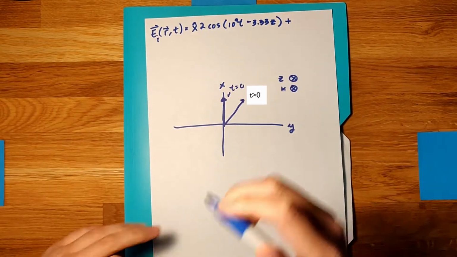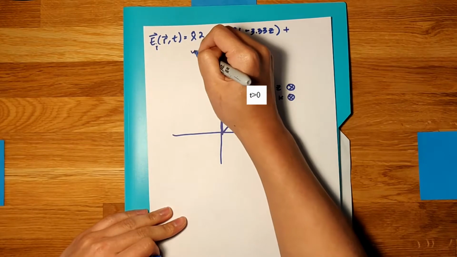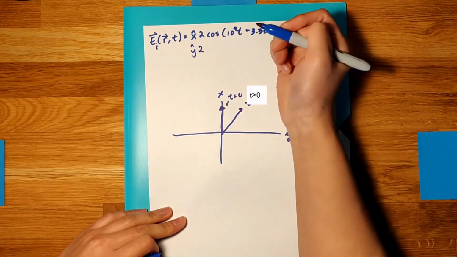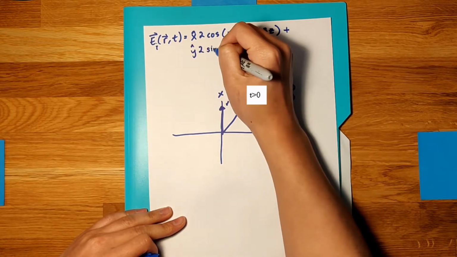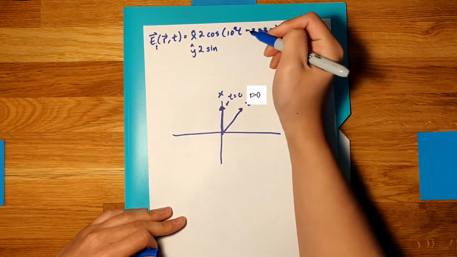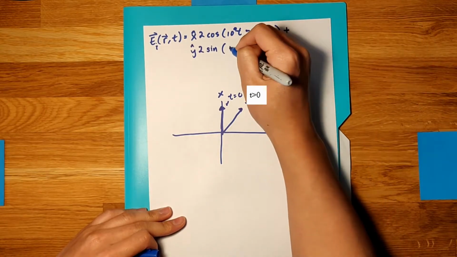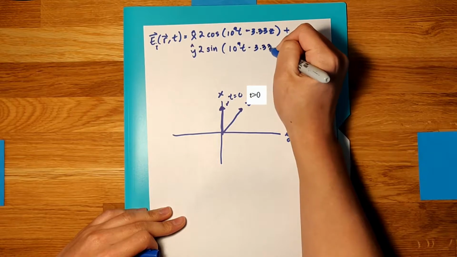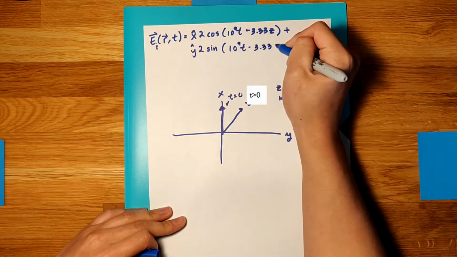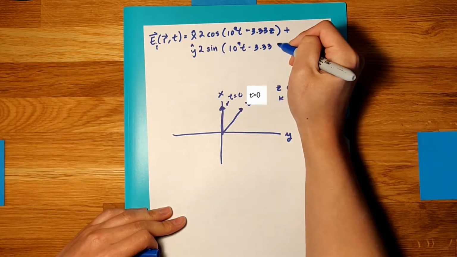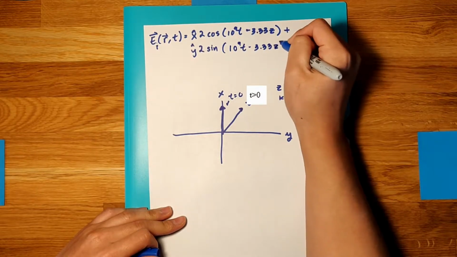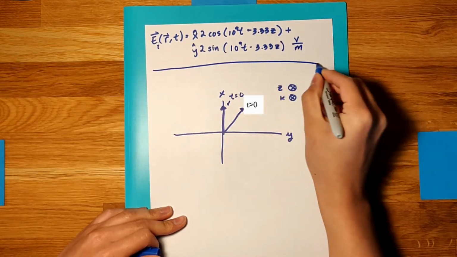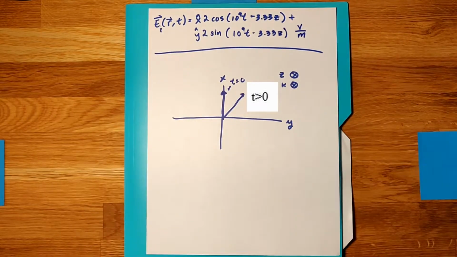All that means is it will be in the y hat direction, and the magnitude will be the same, and this time it will be sine, and then everything else will be the same on the inside. Watts per meter.